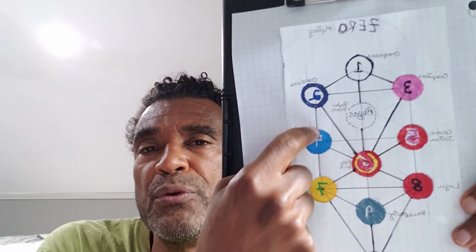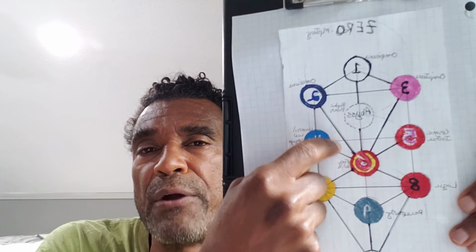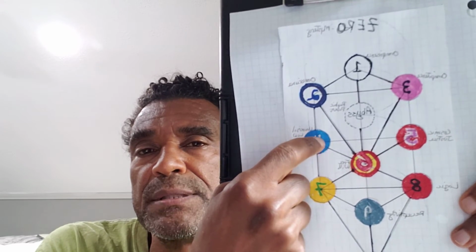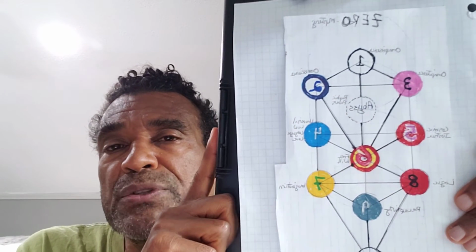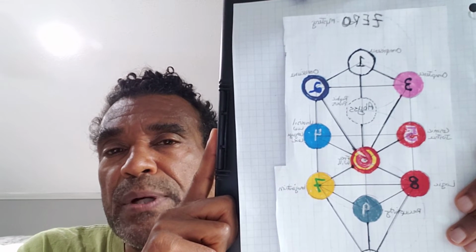This is our universal, the fourth sphere is like our universal faculties: universal law, universal love, and universal language.